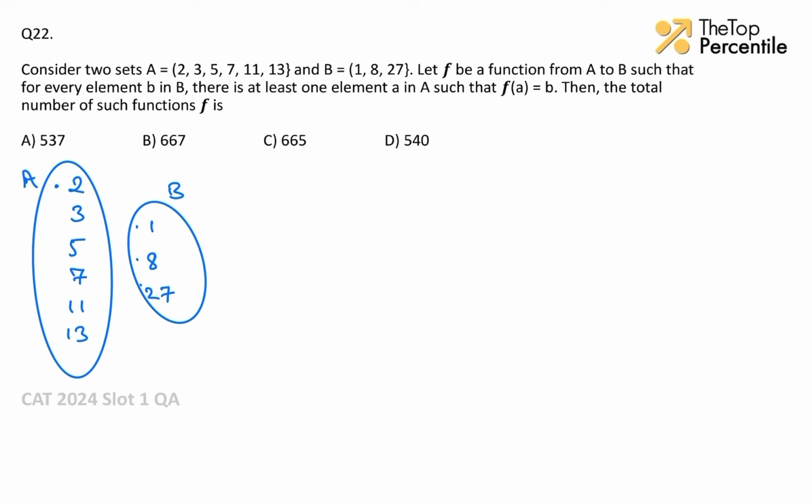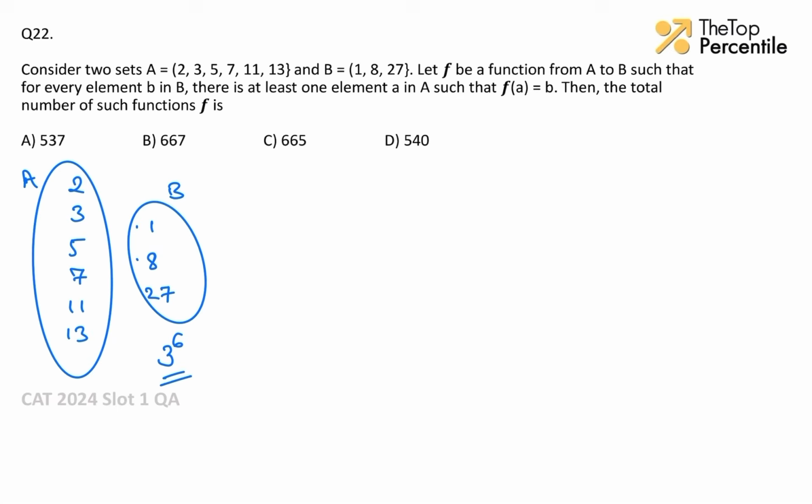Similarly, 3 can be mapped onto 1, or 8, or 27. Same will be for 5, 7, 11, and 13. So the total number of defined functions will be 3 to the power 6.